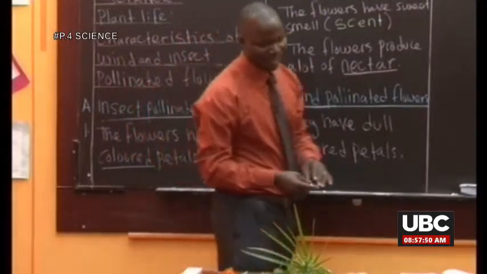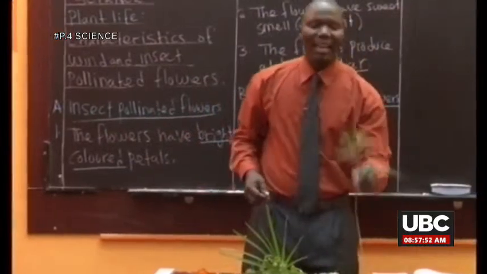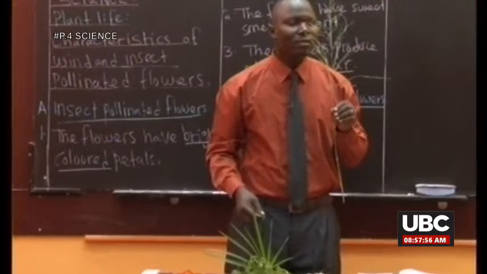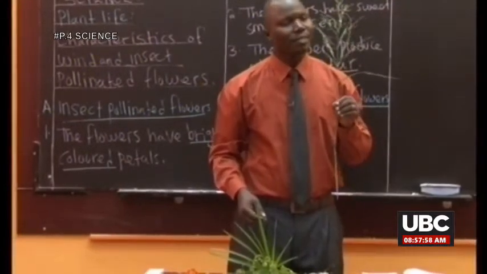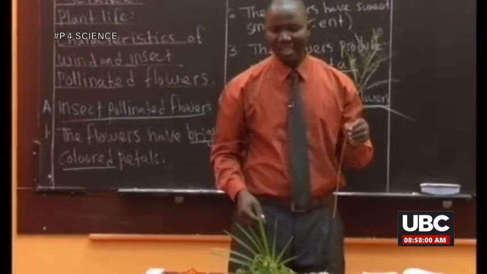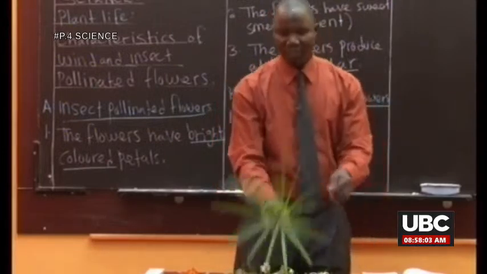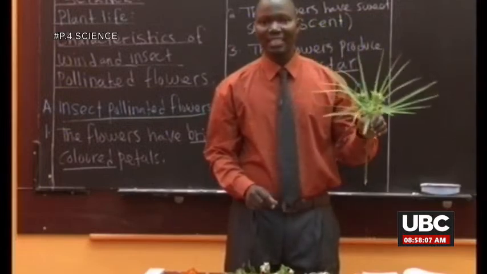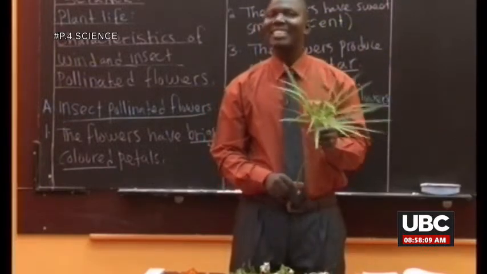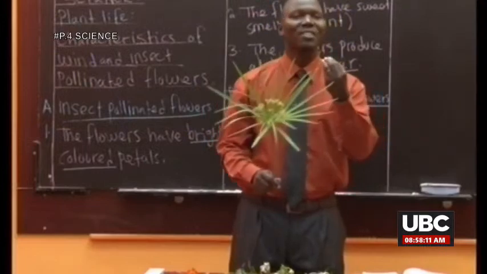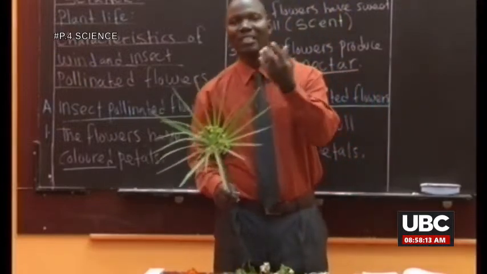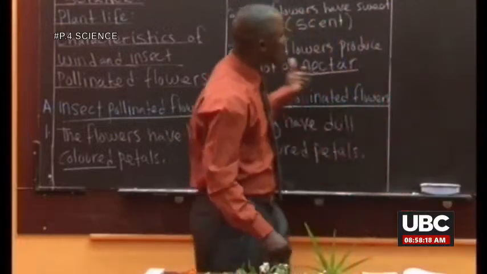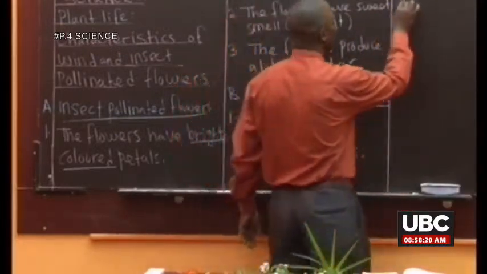If you get this flower and you smell it, you hardly get any smell. If you also got this flower here and try smelling, you don't get any. So what are we saying? They don't have the sweet, pleasant smell.